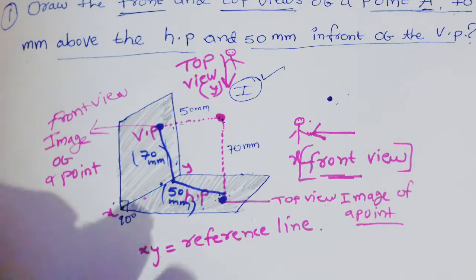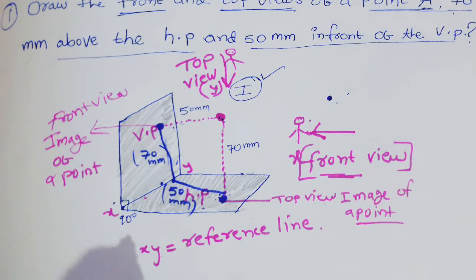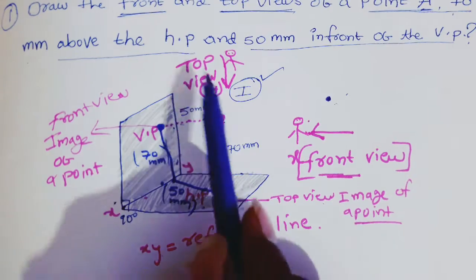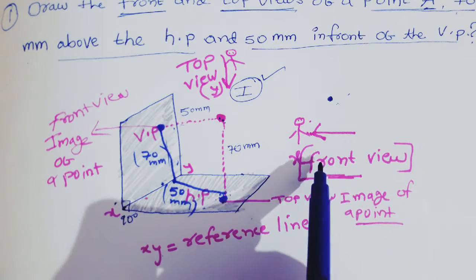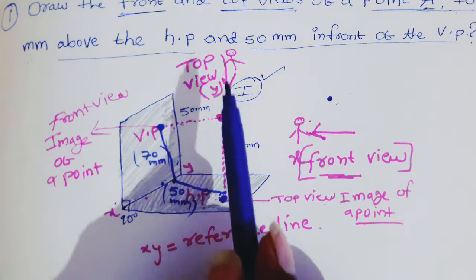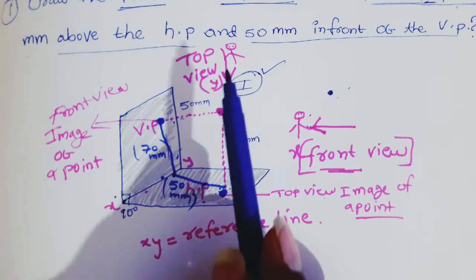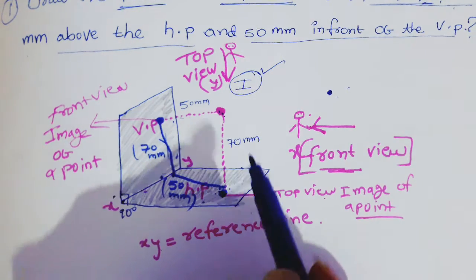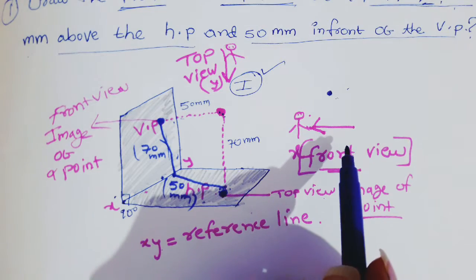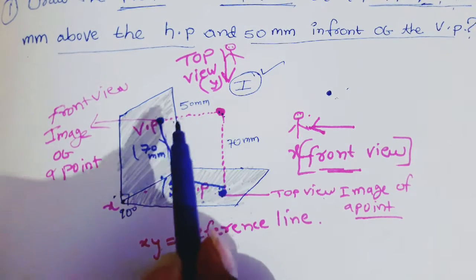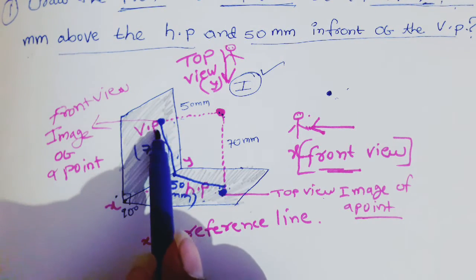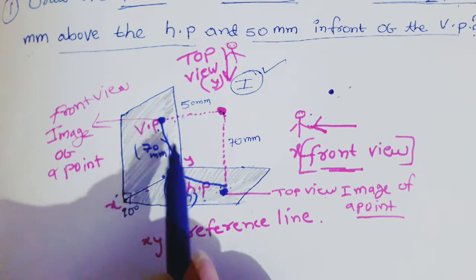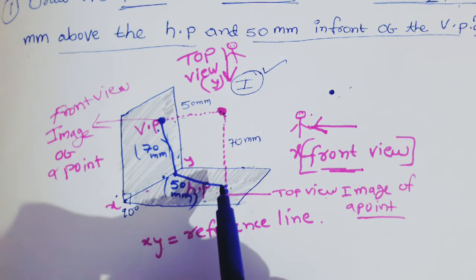This is the imagination when you see the point from the x distance and the y distance. This is called the front view, this is called the top view. The top view of the point will be projected on HP, and the front view will be projected on VP.